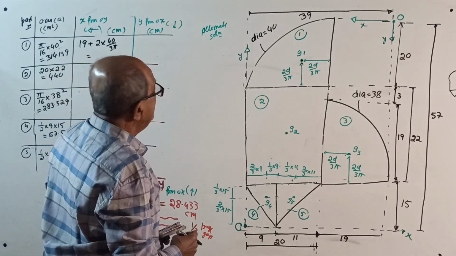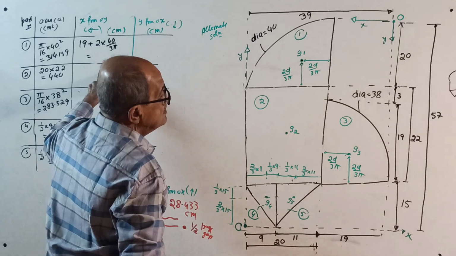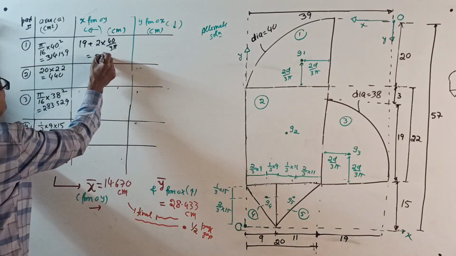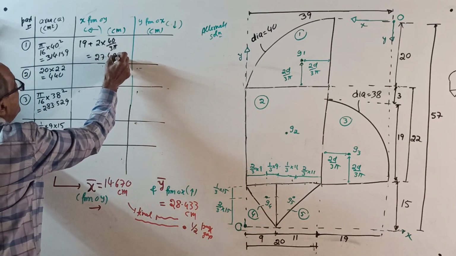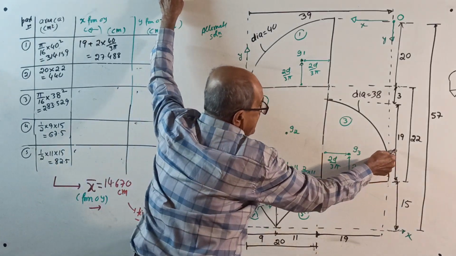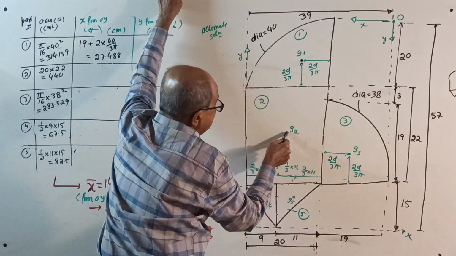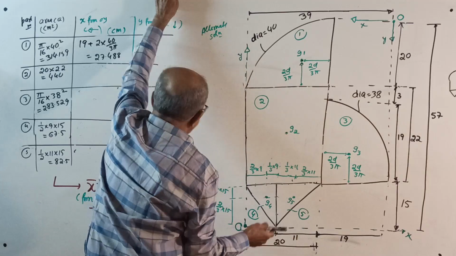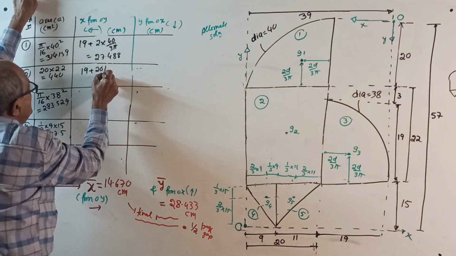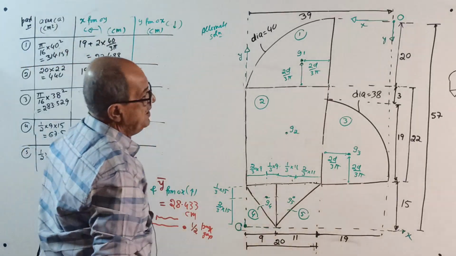It is 27.488, somewhere else I have written 27.488. Second figure, 19 plus center here, this is 20, 19 plus 20 by 2 is exactly 29.